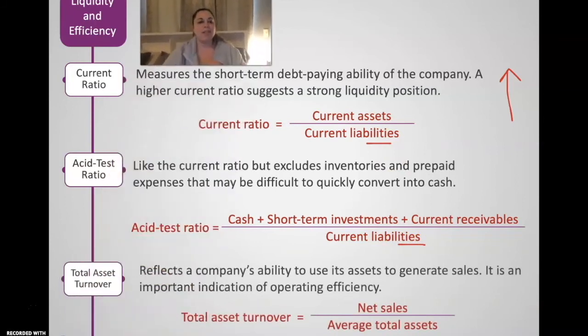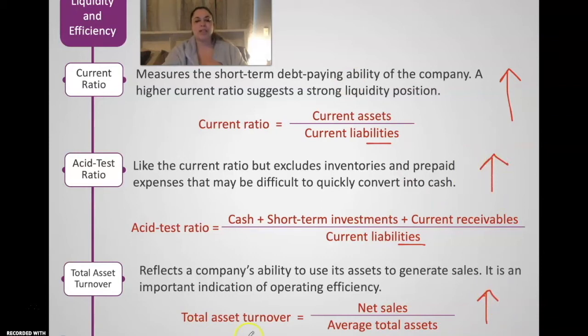Okay, and then we have the total asset turnover. As it states here, it reflects a company's ability to use its assets to generate sales, an important indication of operating efficiency. So once again, we want a higher number, same thing as with the acid test ratio, the higher number, the better.